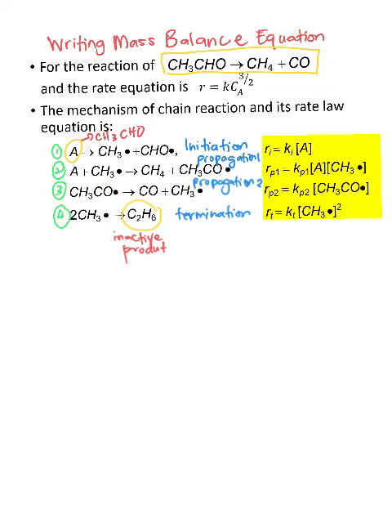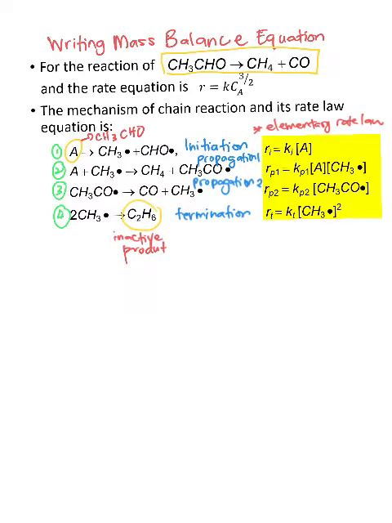Even though the overall rate is non-elementary, the rate law equation for each step of reaction must be elementary. For the first step, because all the reactions are irreversible, for the initiation step, Ri equal to Ki, concentration of A.